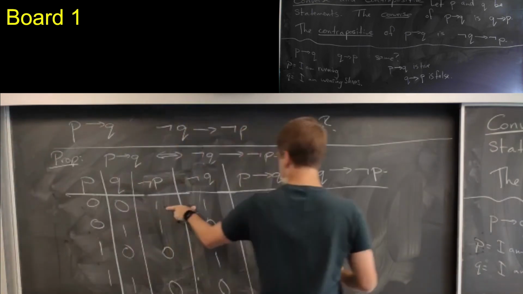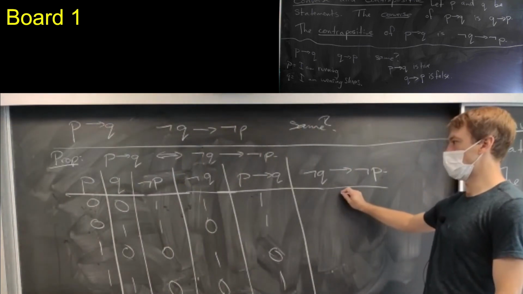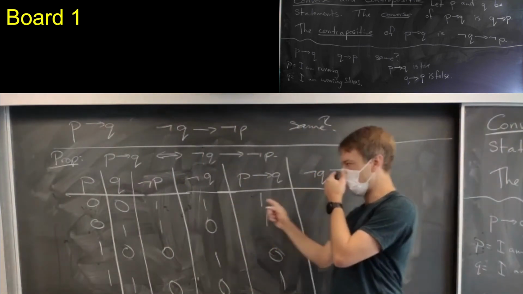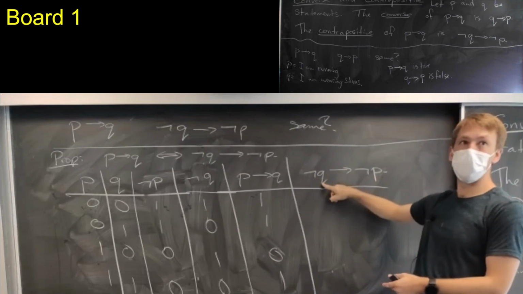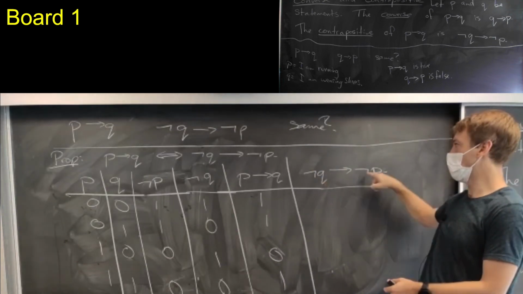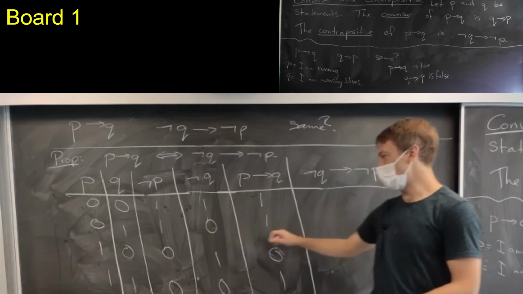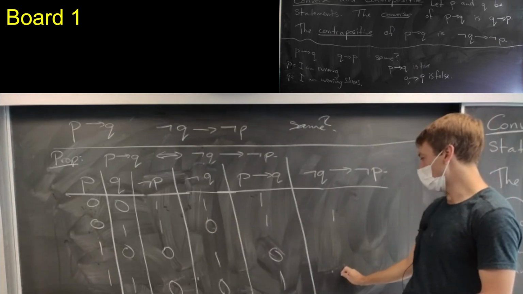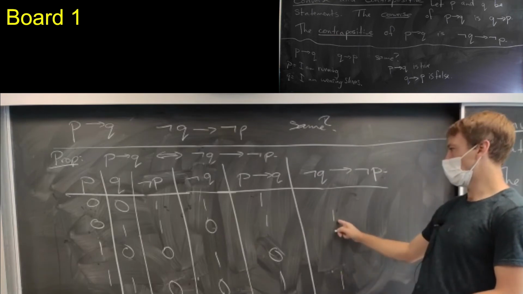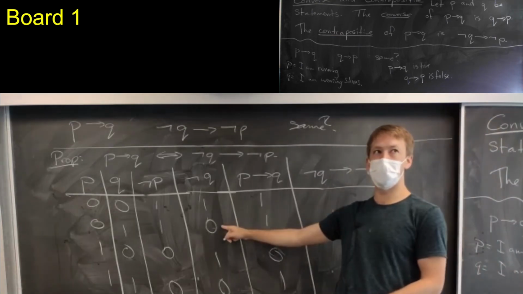Now I do the same thing here, but remember which one's coming first. It's not Q implies not P. So I can say definitely the second row here is a 1, and the second row here is a 1, because that's when not Q is false.